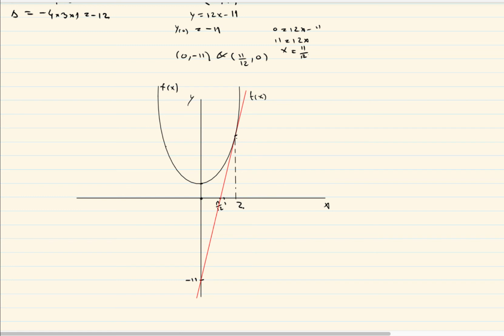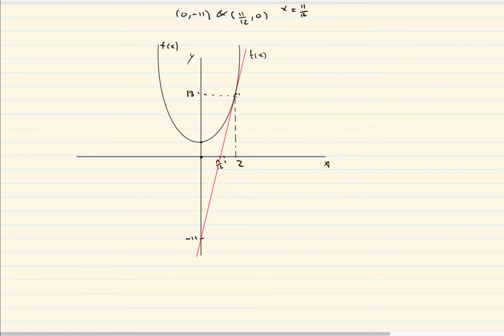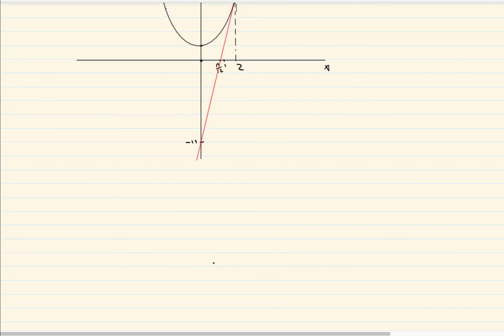This is x equal to 2. This is 13. So this is the point at which the graphs touch each other. The tangent touches the graph of the function f of x, and thus the exercise is solved.